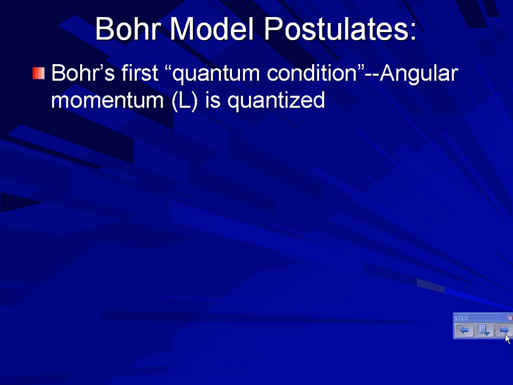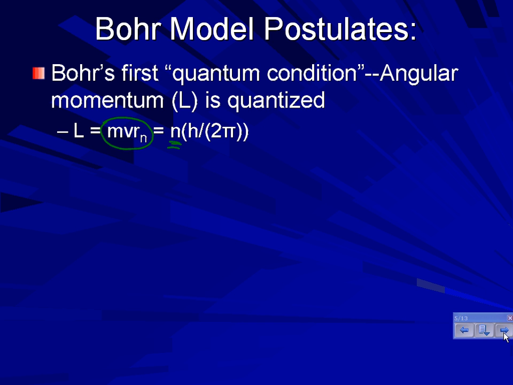So here's what we get for that. This is angular momentum: mass times velocity times r. And he said that the electrons will have angular momentum equal to some integer, depending on where they want to be existing. Some integer n.